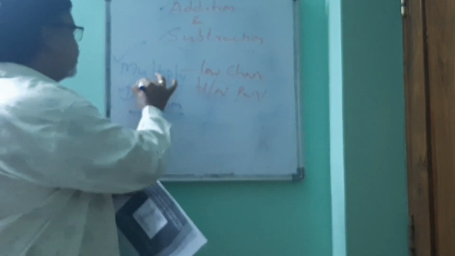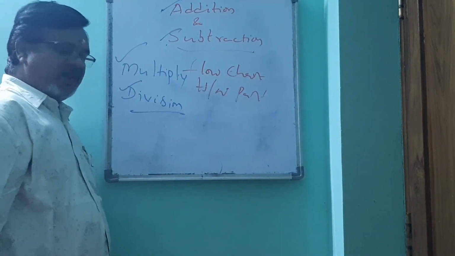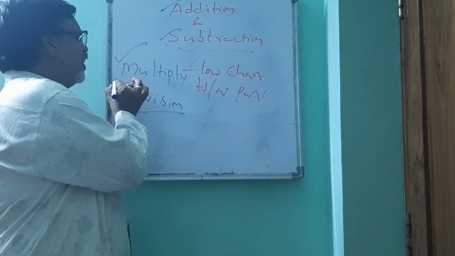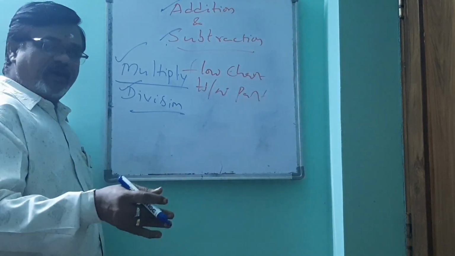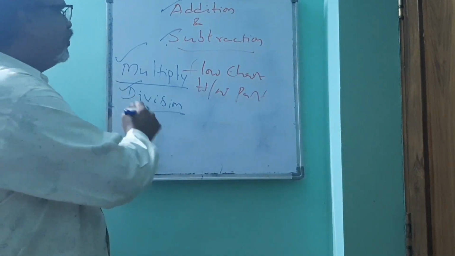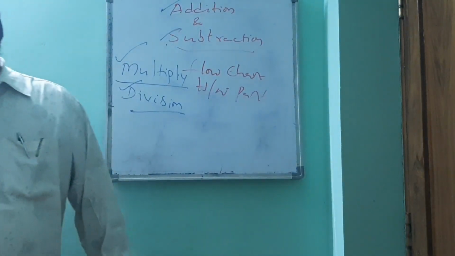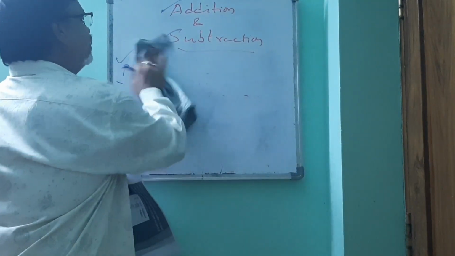How these two operations are performed in our digital computer, we'll see in today's class. Of course, I think even multiplication itself may not be completed in one class, because we have to discuss the hardware part and also the flowchart and algorithm. So today let us concentrate on the multiplication operation.